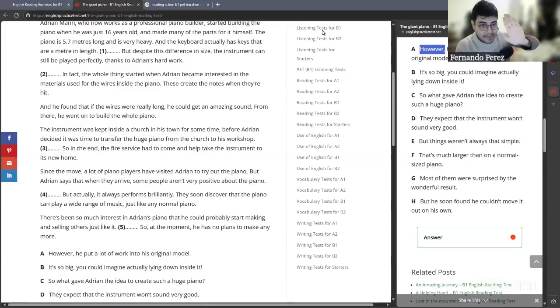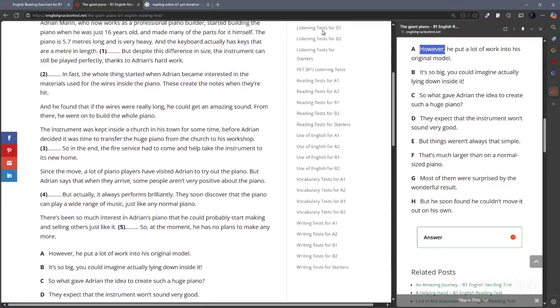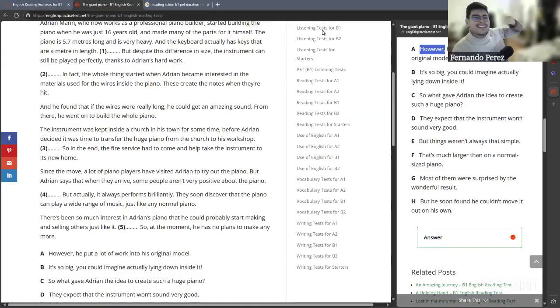So the piano is very good and you can sell it, but he put a lot of work into it. So at the moment, he has no plans to sell. Do you see? This is the way this works.